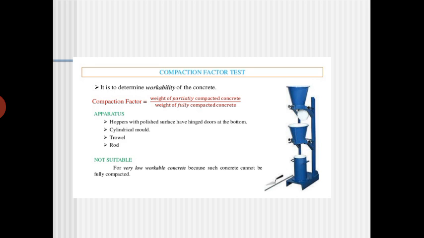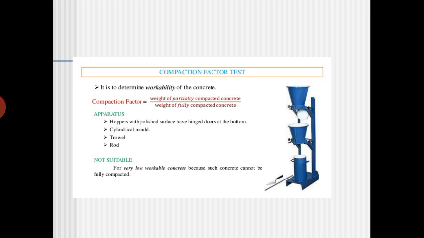Then calculate the compaction factor. Initially you will calculate how much weight of the concrete is coming down with the self compaction, and how much weight of the concrete is coming when it is fully compacted. The ratio is nothing but the compaction factor.